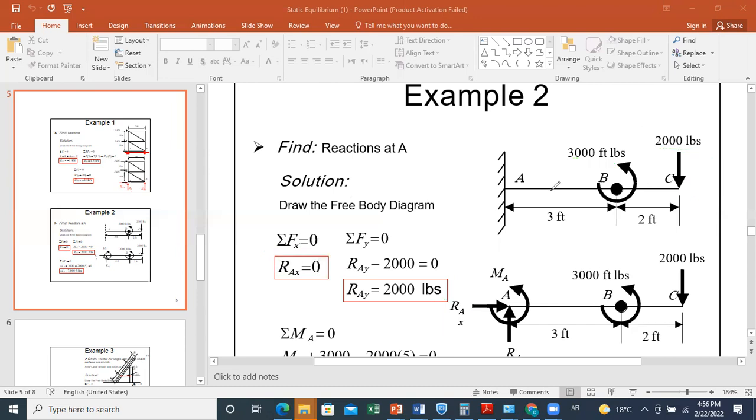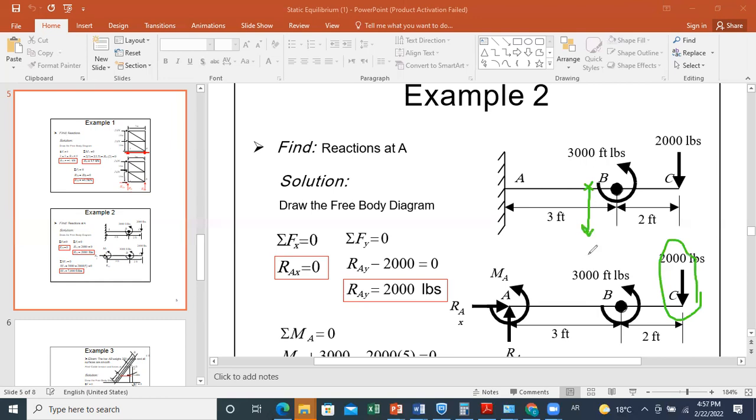Now, the second equation to write is sum of forces along Y equals 0. Also, you only have the external load of 2000 lb. If the weight was not negligible, you should add it, of course. Let's say they gave you the weight of the beam. If it's a homogeneous beam, the weight will act at its middle.